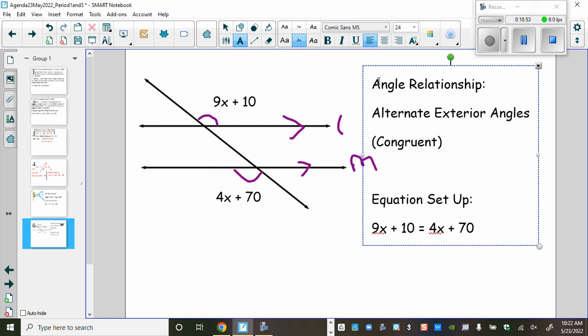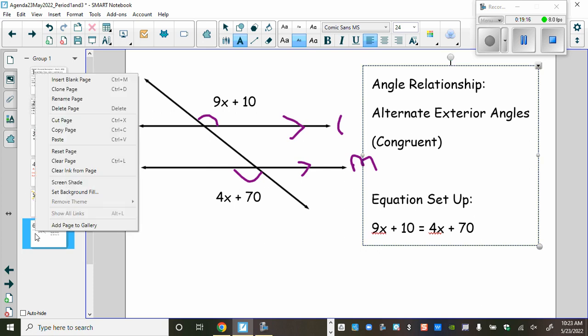Now, the next problem is going to be similar in design. I'm going to change it up a little. So are we okay with alternate exterior? You're definitely going to have alternate exterior, and you may have alternate interior as well. But the next problem is going to be a little different.